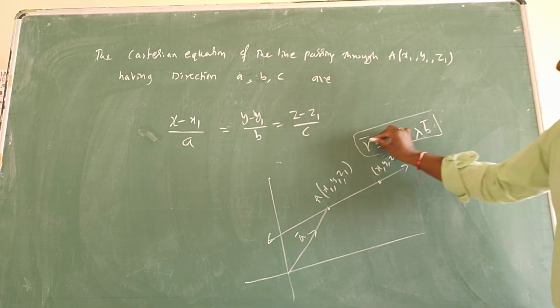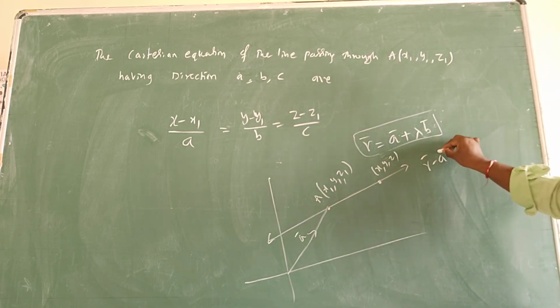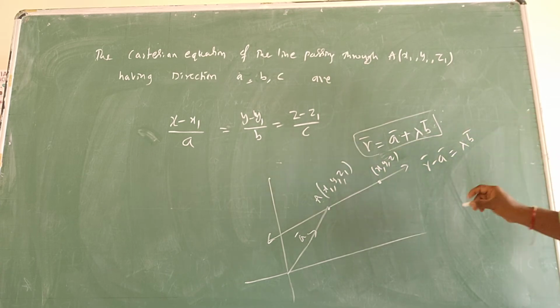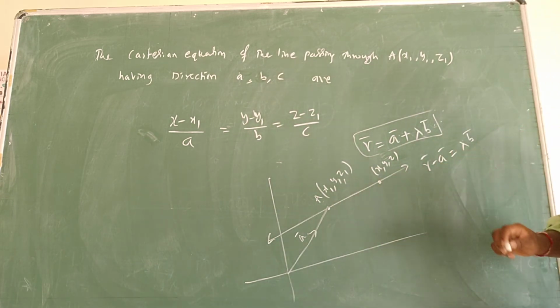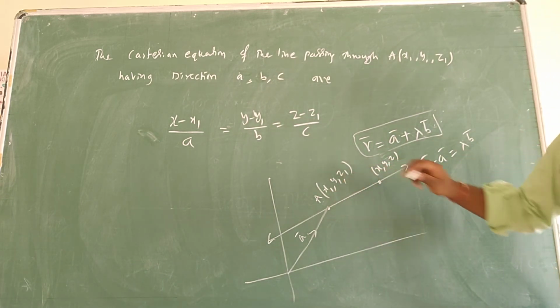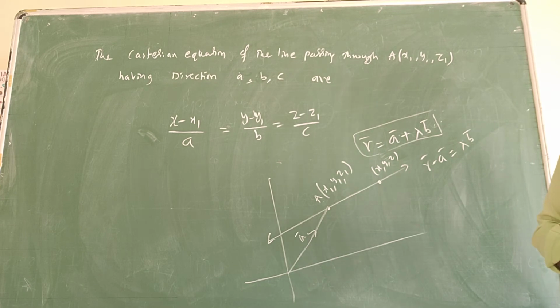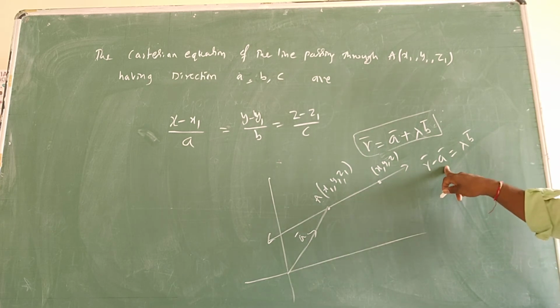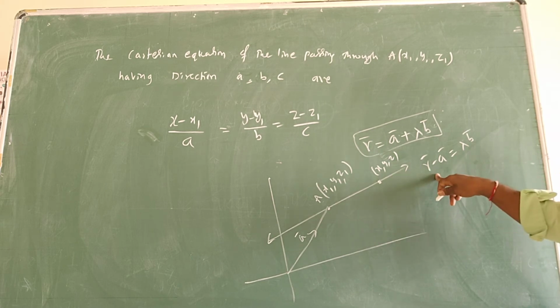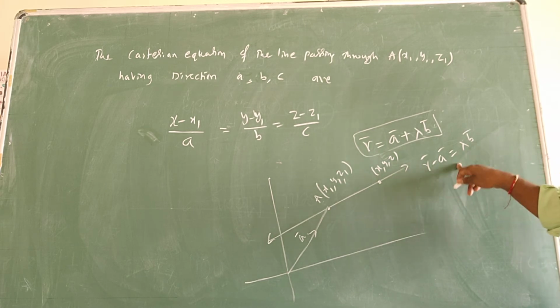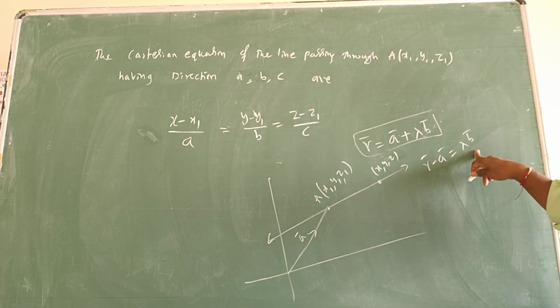If I send A to this side, R vector minus A vector is equal to lambda times B vector. R means x, y, z, minus the A vector, which is x1, y1, z1. So you get x minus x1, y minus y1, z minus z1, equal to lambda times A i cap plus B j cap plus C k cap.